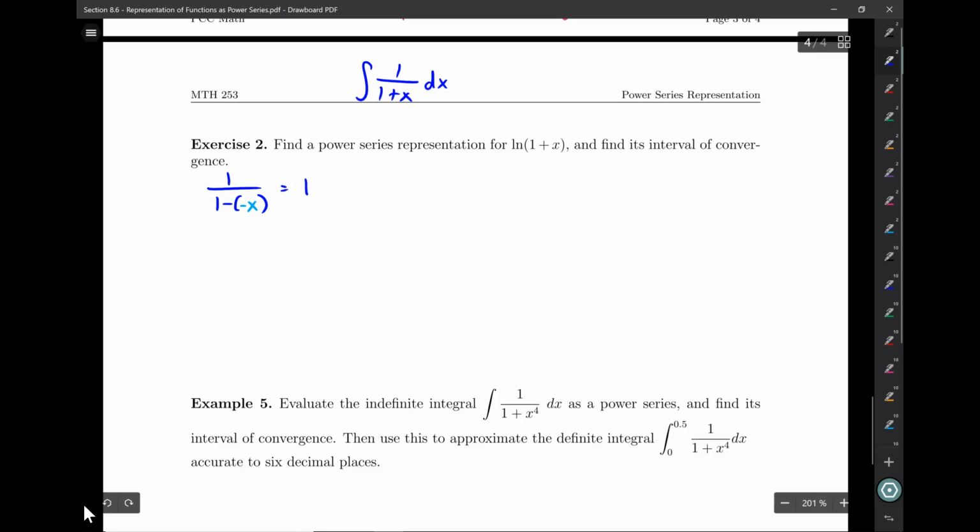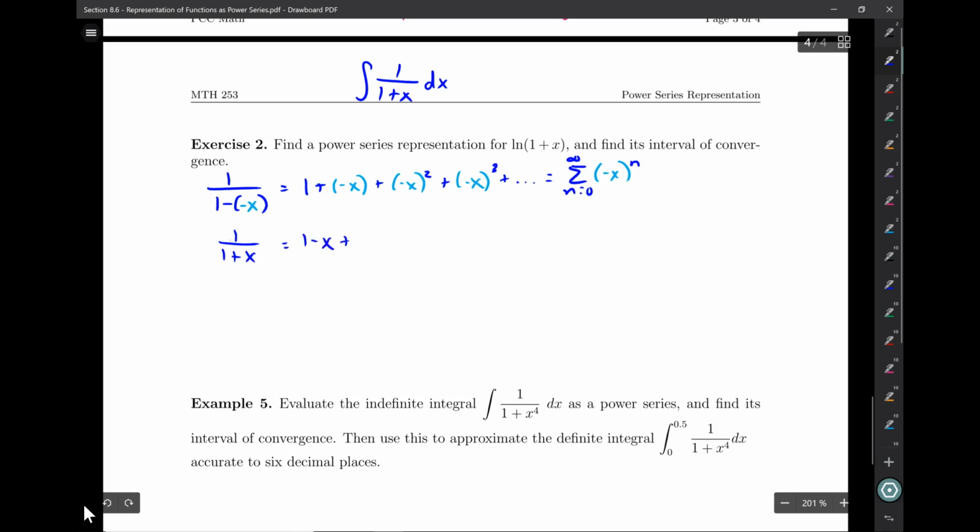So it would be 1 plus negative x plus negative x squared plus negative x cubed, dot, dot, dot. And then our power series form for that would be the sum of negative x to the n.